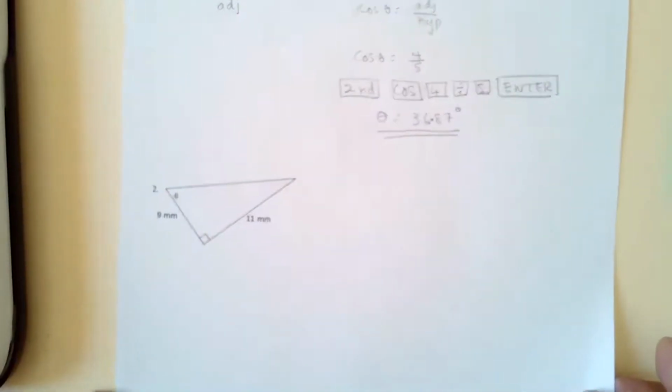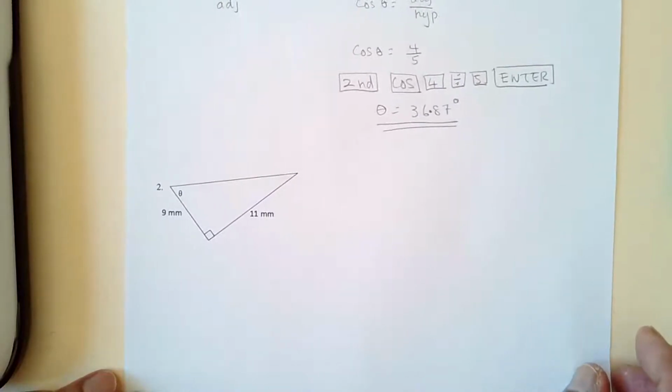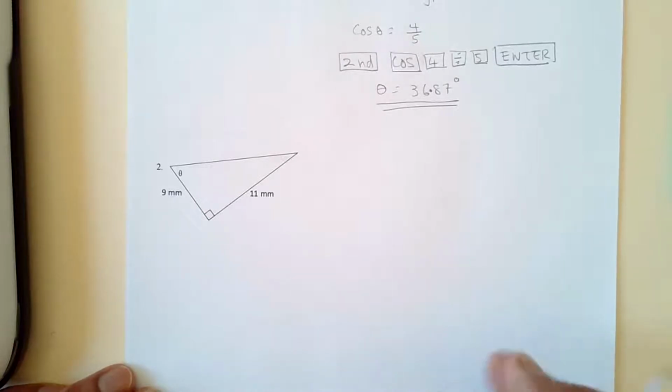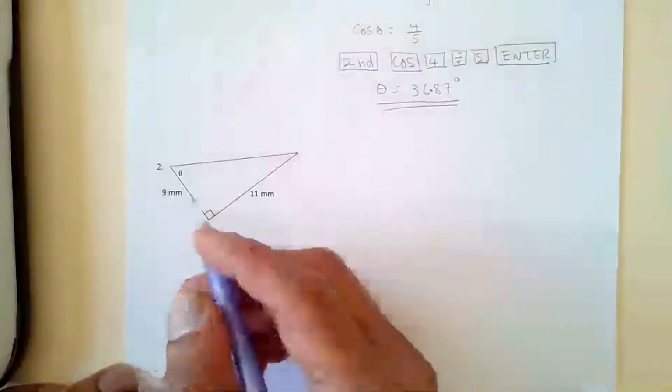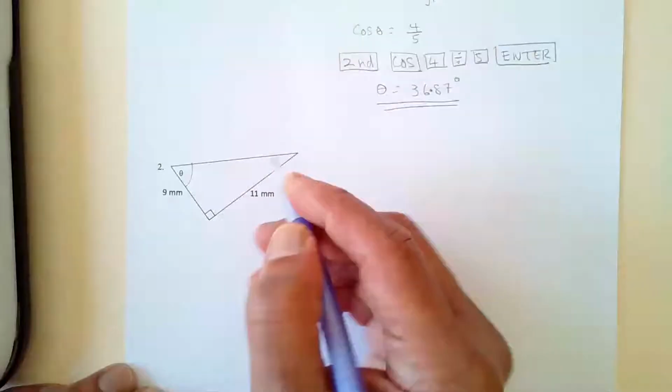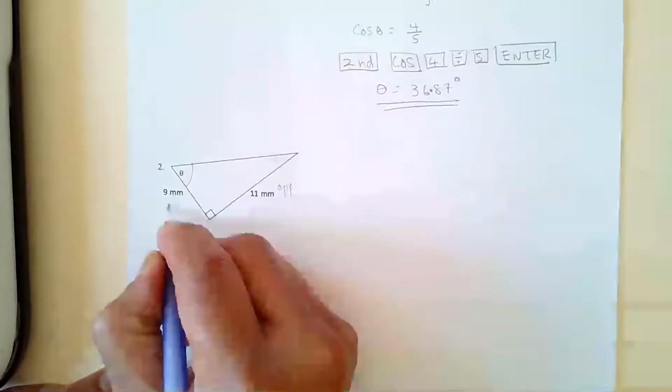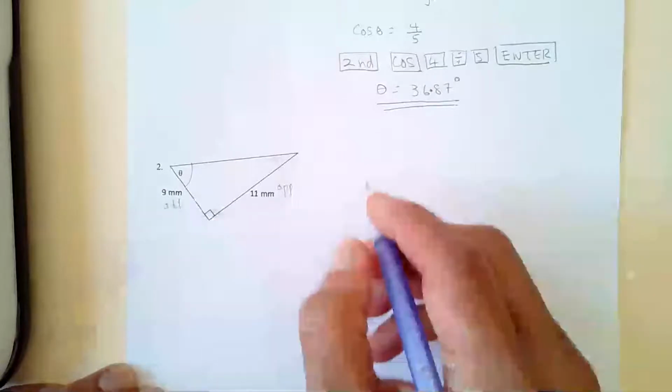Let's look at the final one for today. Example assignment 4. Here we have our angle, the opposite side, and this will be the adjacent side.